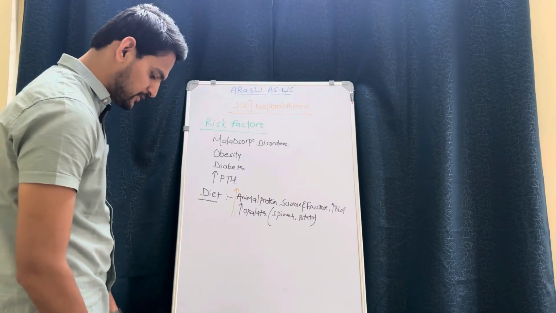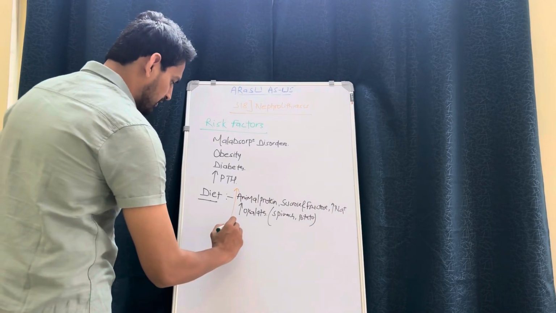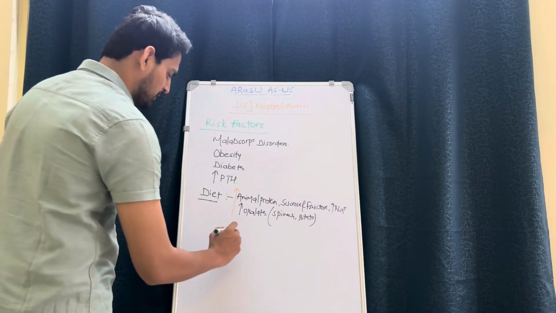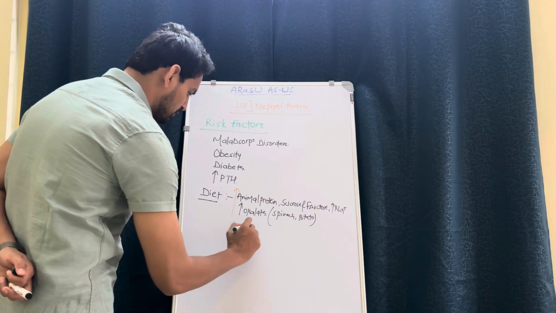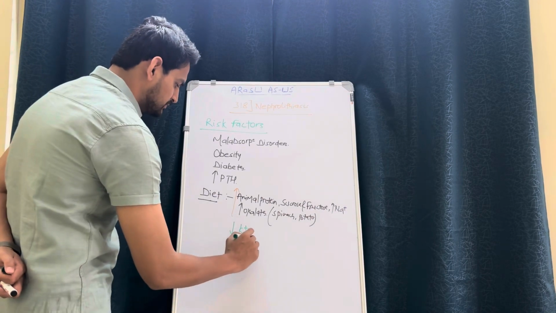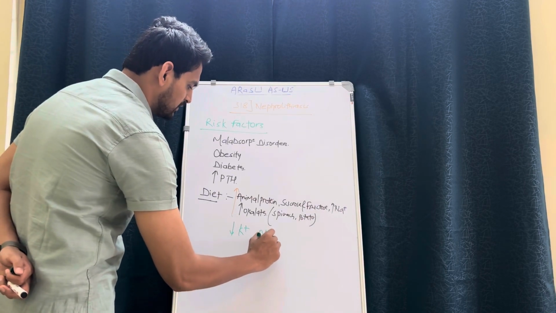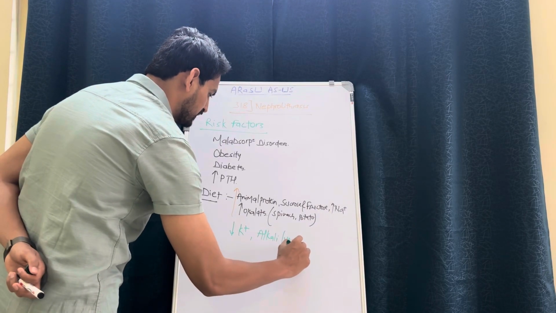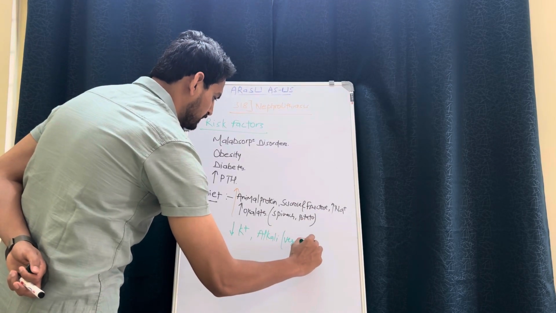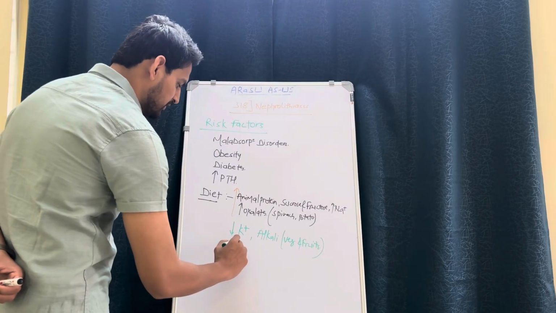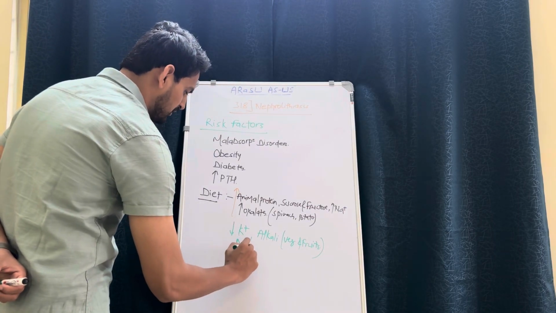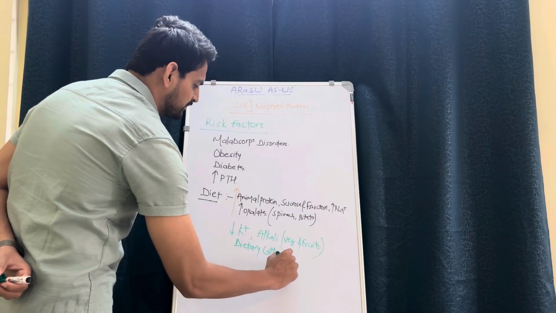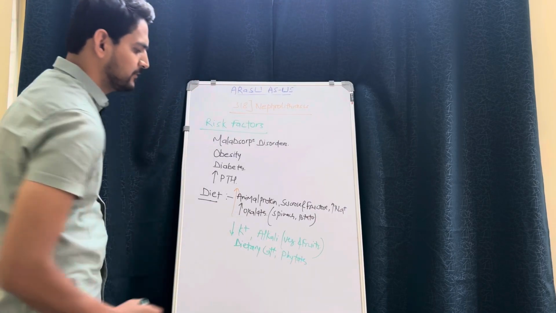There are some foods which will actually help in decreasing the risk of stone formation. For example, potassium rich foods, then alkali containing food products, mainly vegetables and fruits. Then we can consider dietary calcium and phytates, again found in vegetables.